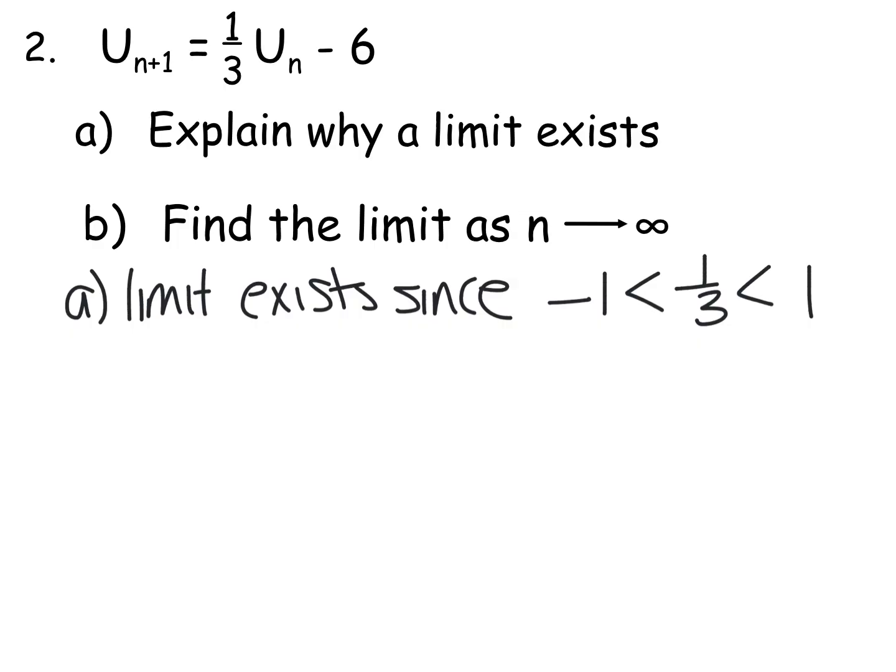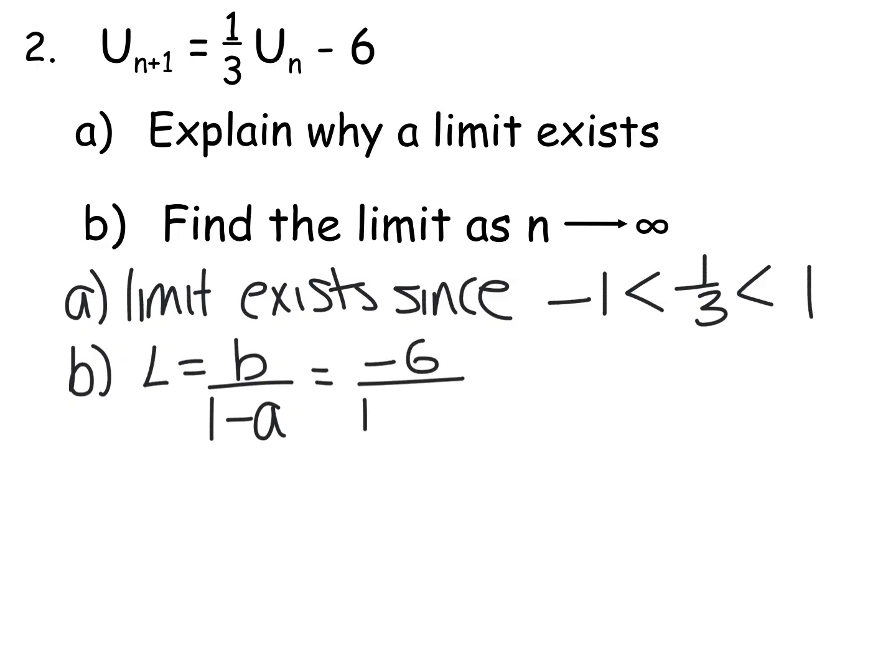Remember, Beyonce, arrows to the left, okay? Then we have to find the limit again, just the same as last time, but this time we've got a fraction. So limit is b over 1 minus a, which gives us, b term is minus 6. 1 minus a will be 1 minus 1/3, which gives me negative 6 over 2/3.